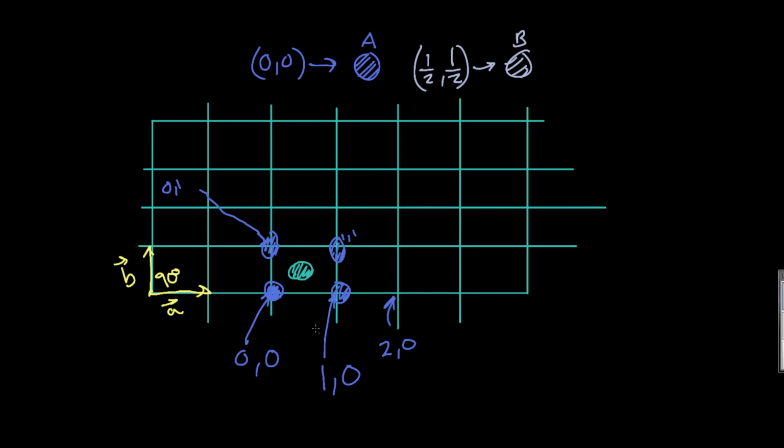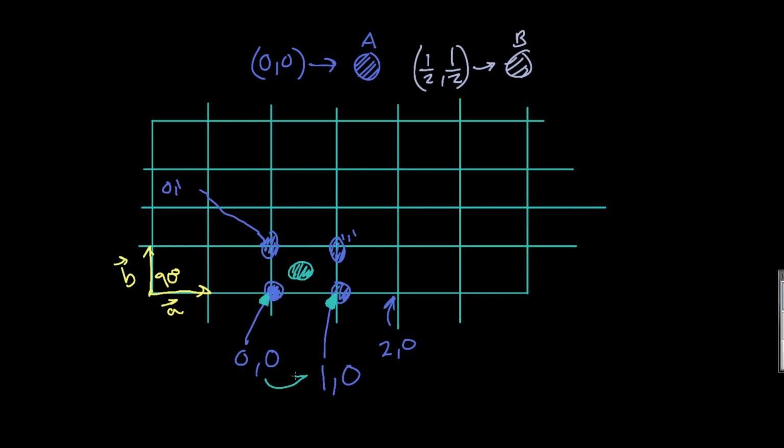And this is where the critical concept of a basis comes in. Point 0, 0 and point 1, 0 are indistinguishable. And that's what we know from our definition of a lattice.